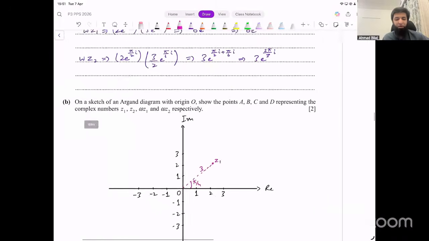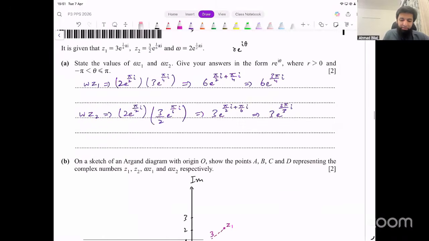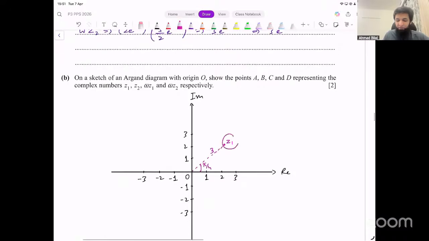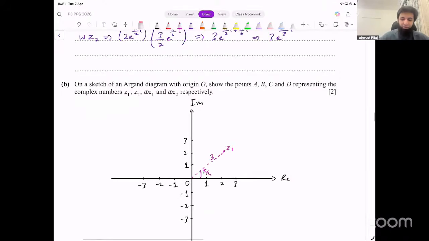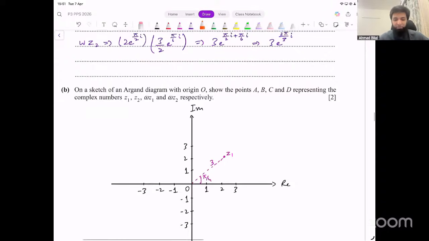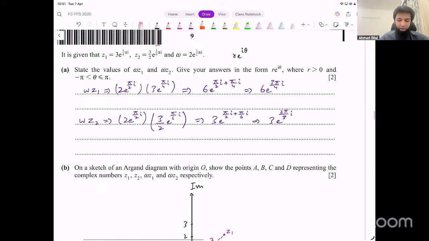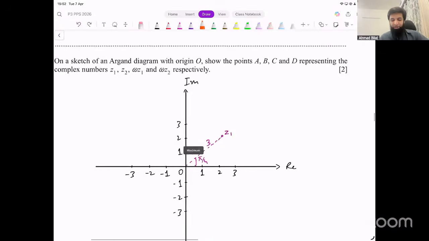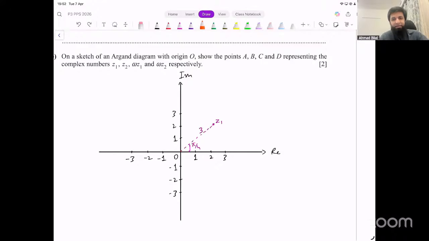Achha, what about Z2 now? Z2 has a modulus of 3 over 2. That means 1.5. It's half of the modulus of Z1. So whatever the distance is of Z1 from the origin, Z2 should be half of that distance. And what's the angle for that? Pi over 6. Pi over 6 means 30 degrees. Now 30 degrees should be slightly less than 45, right?